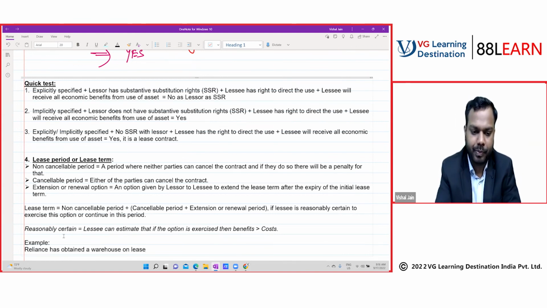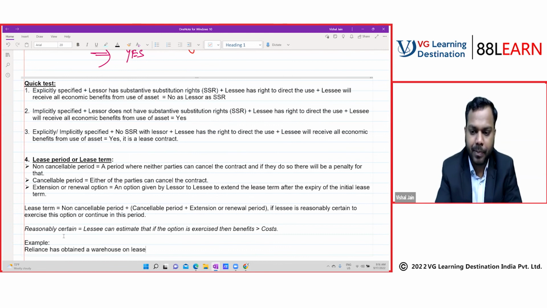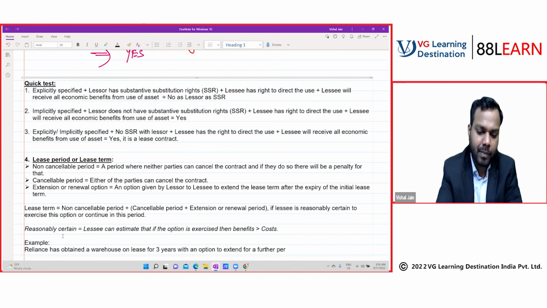Now, for this warehouse, which Reliance has obtained on lease, the lease is for a 3 year period, with an option to extend for a further period of 2 years.